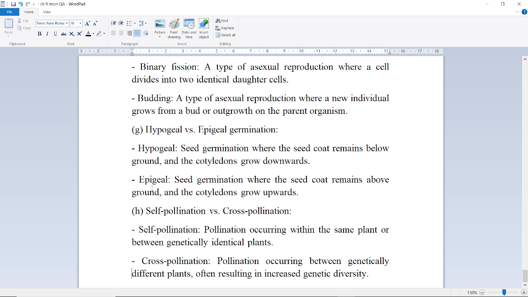Next is self-pollination versus cross-pollination. Self-pollination, pollination occurring within the same plant or between genetically identical plants. Cross-pollination, pollination occurring between genetically different plants, often resulting in increased genetic diversity.